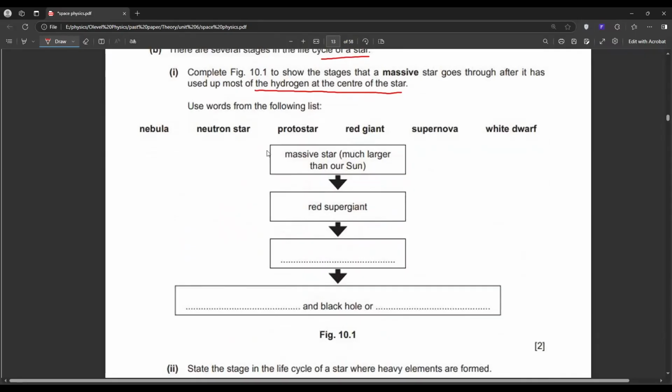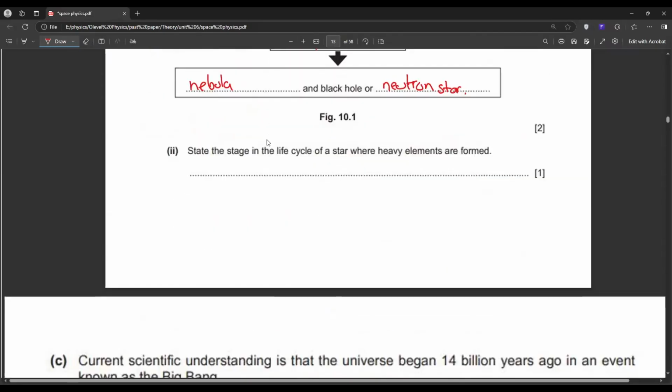A red supergiant explodes into a supernova when the hydrogen finishes. This supernova gets divided into two parts. What are those two parts? Nebula and a black hole or neutron star. Simple as that, nothing complicated here. Let's further move ahead. State the region in the life cycle of a star where heavy elements are produced: supernova.